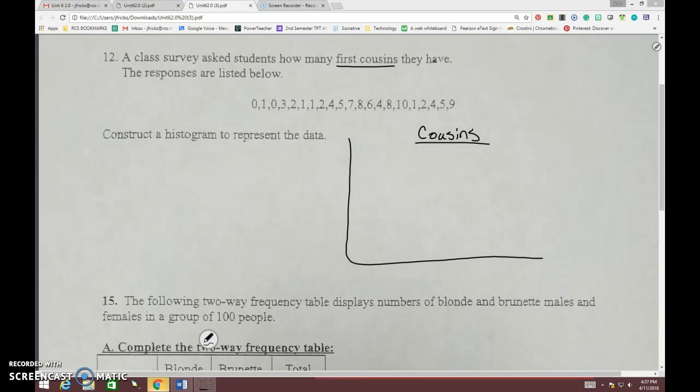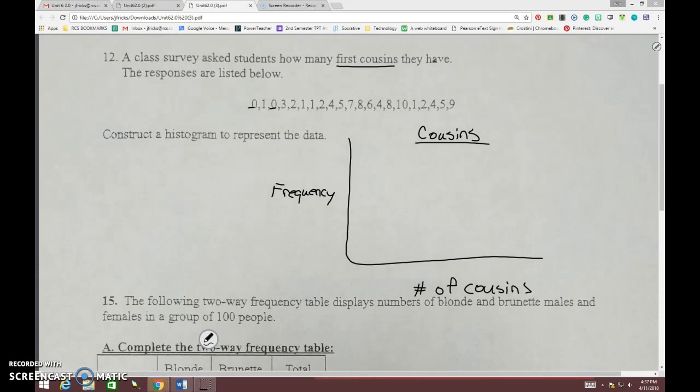So I figured out how many of each one I had. Like I saw that 0 appears 2 times. That's going to be my frequency, how often they appear. So this side I'm going to call frequency. And down here, I'm going to call that the number of cousins.